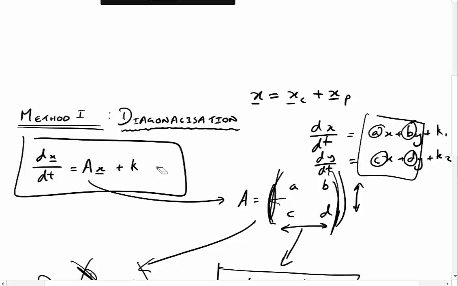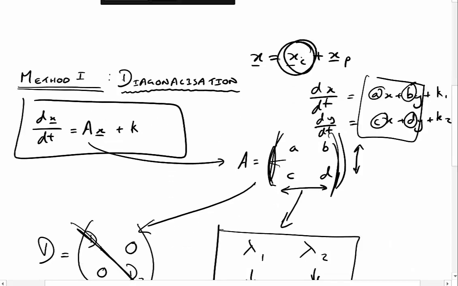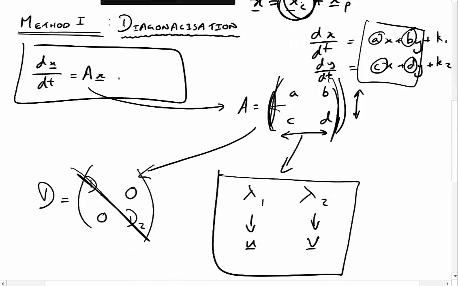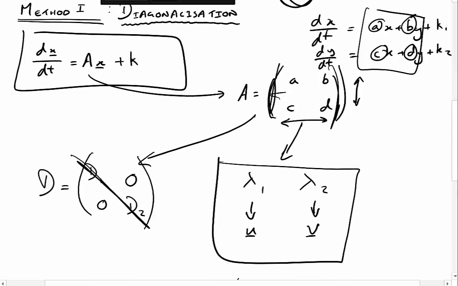So the first thing I want to do is find a complementary solution, so solve the homogeneous case, with no k on the end.